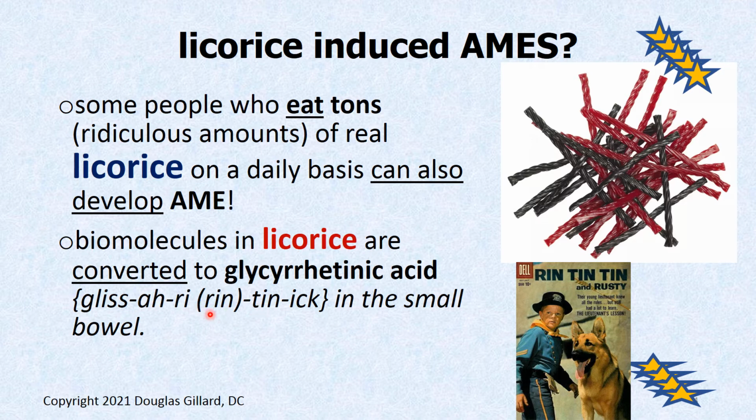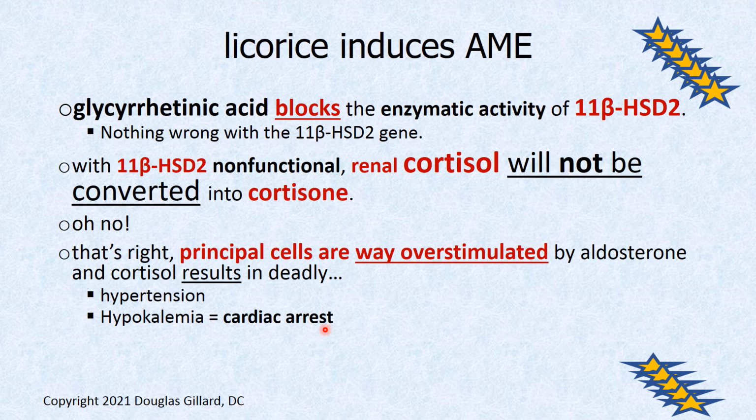Glycyrrhetinic acid. It's really glycyrrhetinic acid, but I say it a little differently. All right, so licorice, then we won't worry about what the molecules are. Licorice can be converted into glycyrrhetinic acid. So what? Well, glycyrrhetinic acid fits really nicely into the active site of 11b-HSD2.